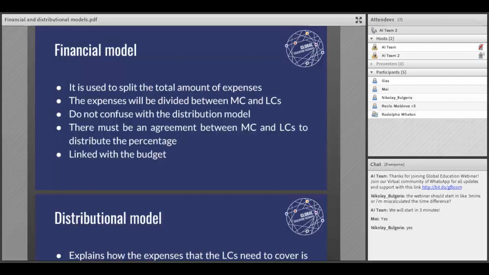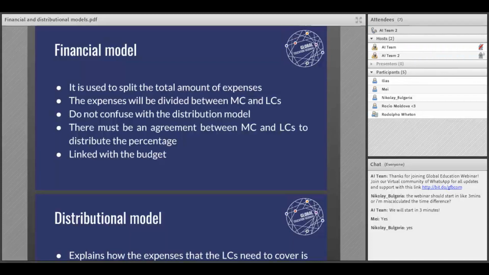So financial model, in every entity there will always be a national budget, right? So for the national budget, you need to know how you would be able to achieve it and still make the entities sustainable in terms of their performance, finances, and cash flow.